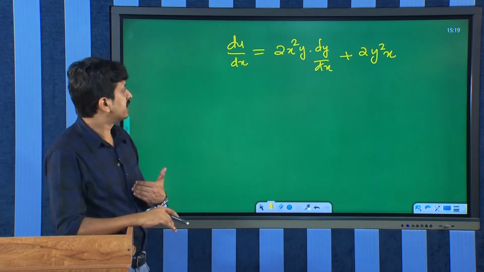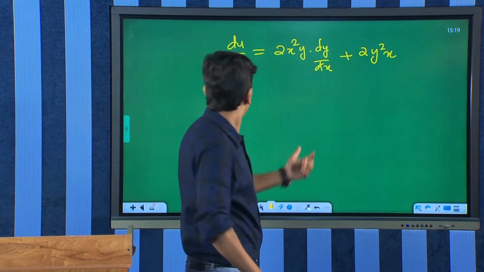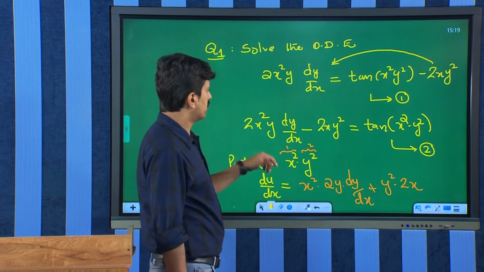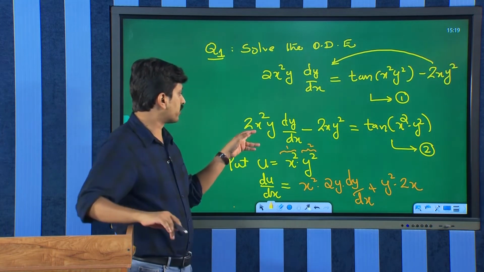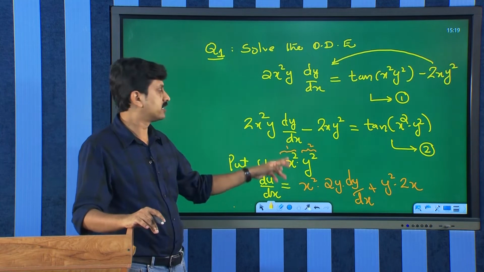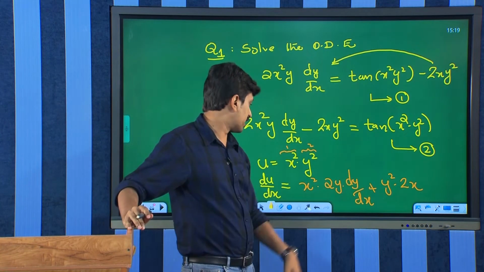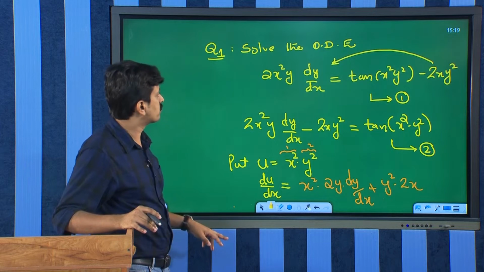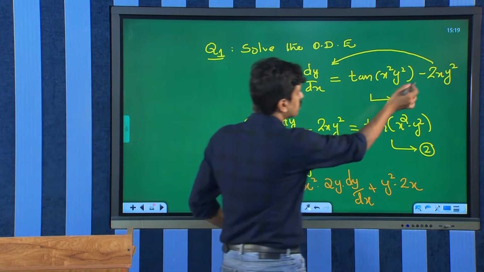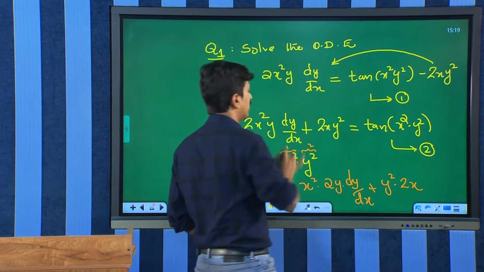Now, just see the differential equation 2. In it we have 2x square y dy by dx minus 2xy square is equal to tan of x square y square. While taking this minus 2xy square to the other side, it becomes plus 2xy square.